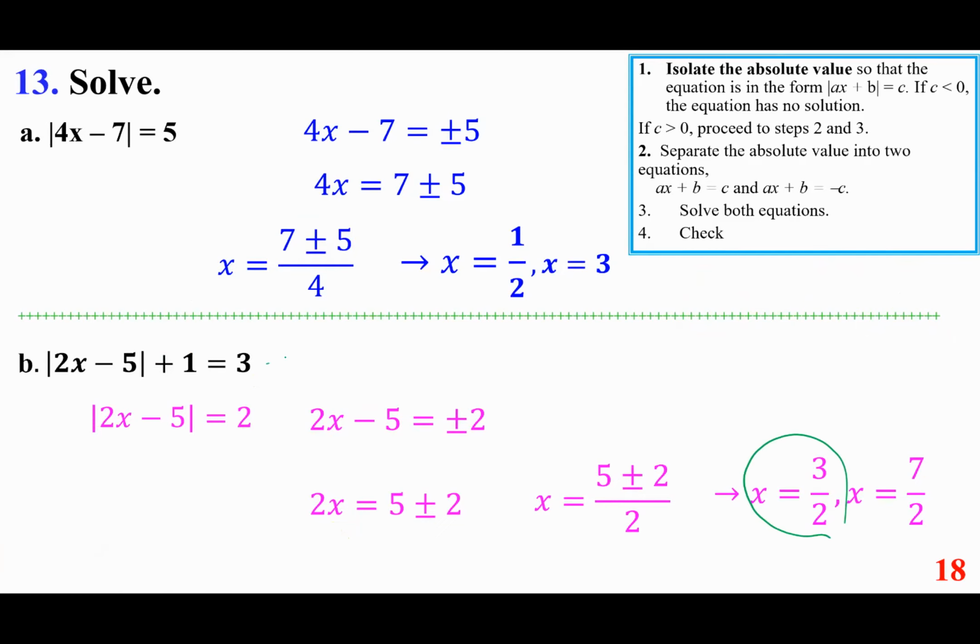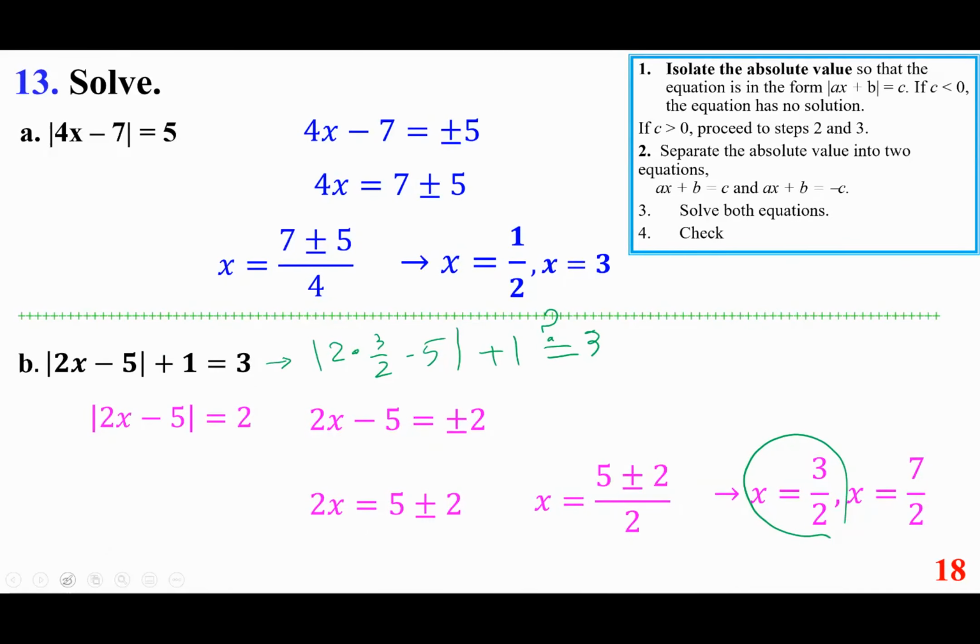You always go to the original equation. So you're going to write 2 times x, which is 3 halves, minus 5, plus 1, and is this going to be 3? That's what we are going to work on.